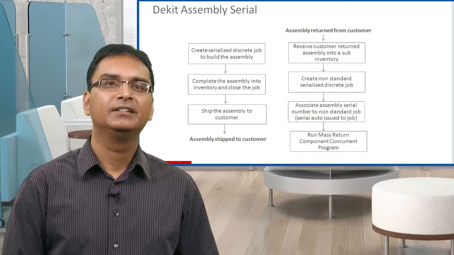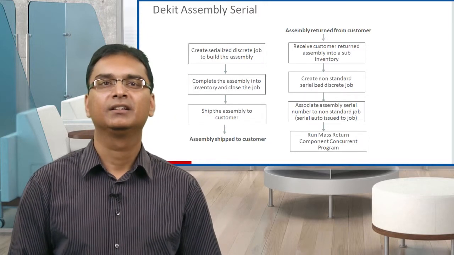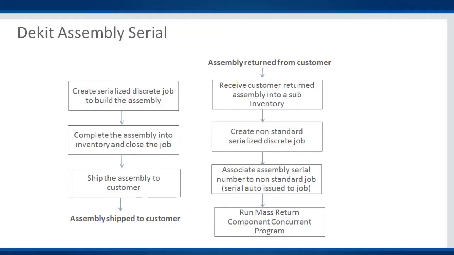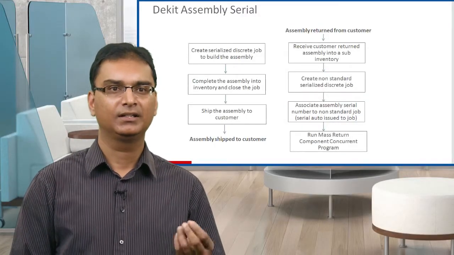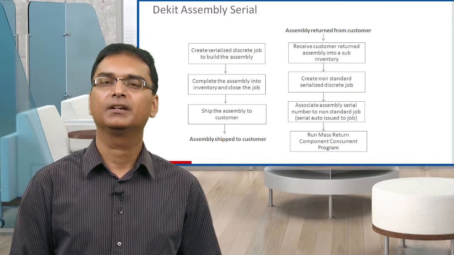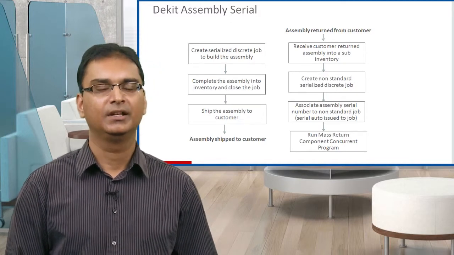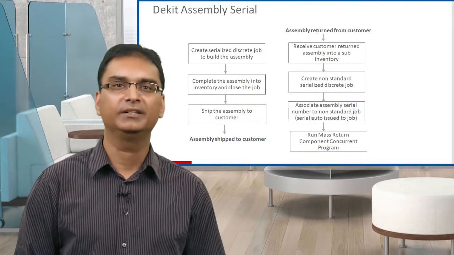In terms of DKIT, this is again a brand new functionality to be able to take an assembly serial number, which is constituted of many component serial numbers, and be able to dekit it and return it back into inventory. Now, there can be many scenarios here. Let's take a scenario where an assembly is manufactured and shipped to the customer, and now you receive it back for repair or for complete dekitting.